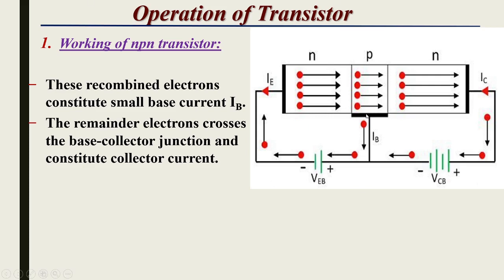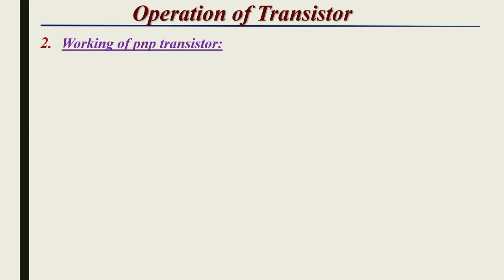That means the remaining electrons, which don't have holes to recombine with, enter the collector region and constitute the collector current, IC. So we can say that the emitter current IE is the sum of the base current IB and the collector current IC.